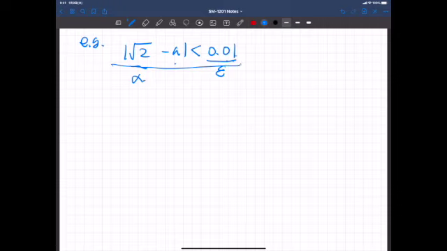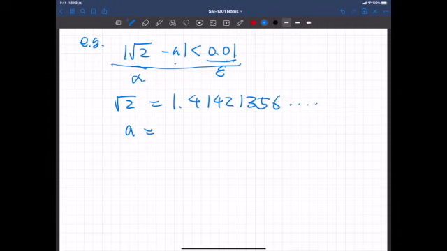For example, first of all, square root of 2 is something like this, 1.41421 and so on. So if we take a equal to 1.41, then that satisfies this inequality, right?